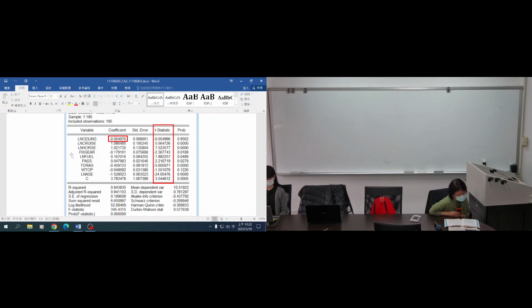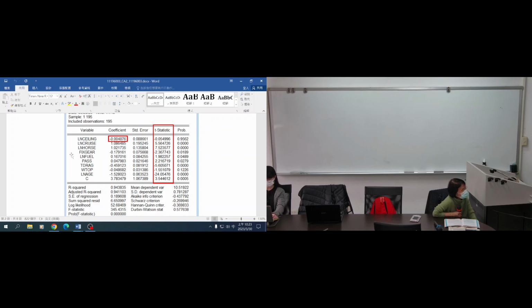All the other signs are the same except the first one is negative, which we expect to be positive. But if you look at the probability, you can tell that this variable is not significant enough.